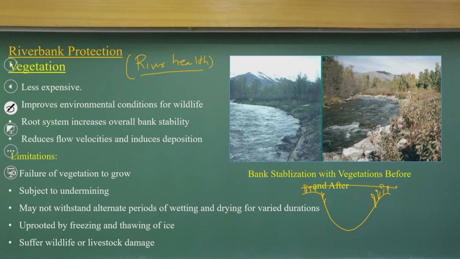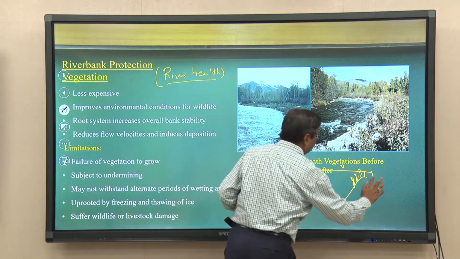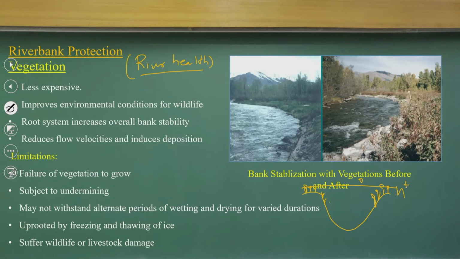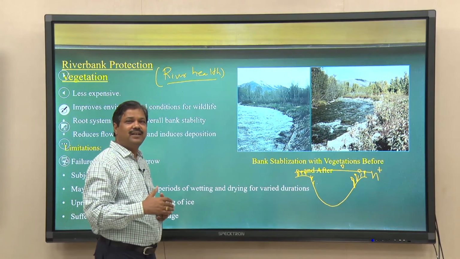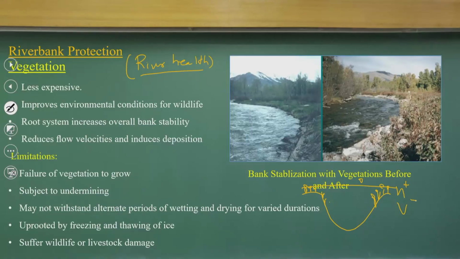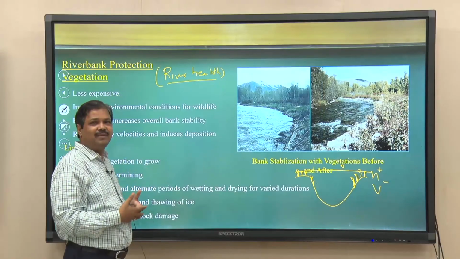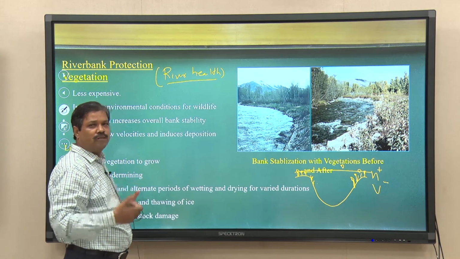Because of this protection, the velocity reduces as we increase the Manning's roughness coefficient by putting in these vegetations. Velocity reduction facilitates the sedimentation we need during high flood periods, and that sedimentation also facilitates the growth of vegetation.